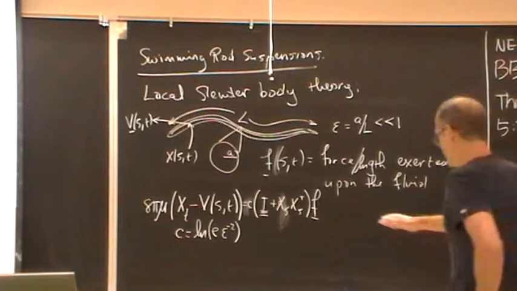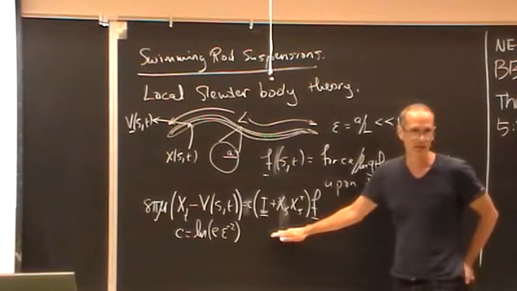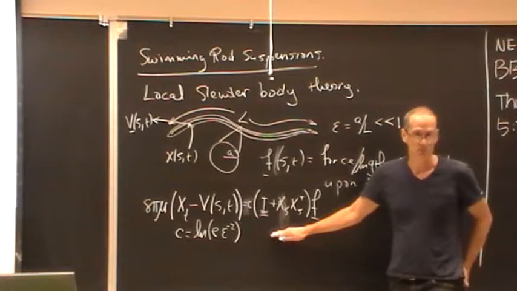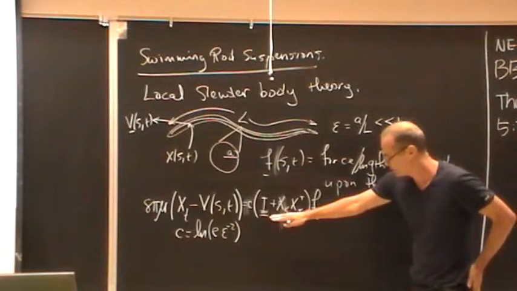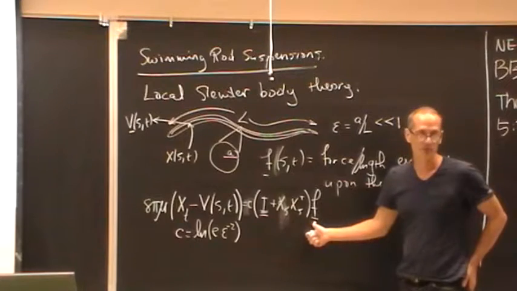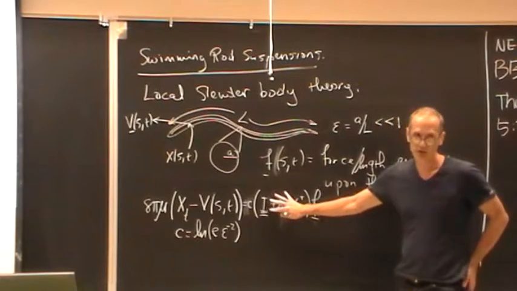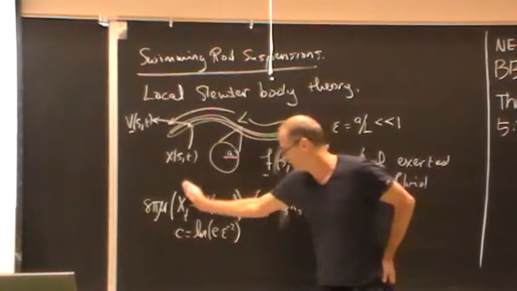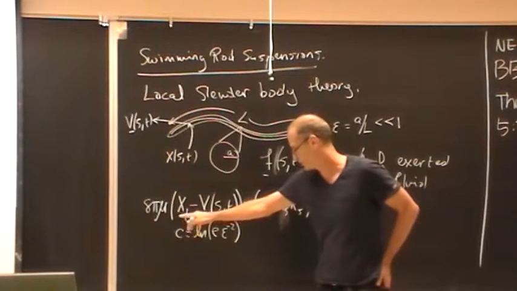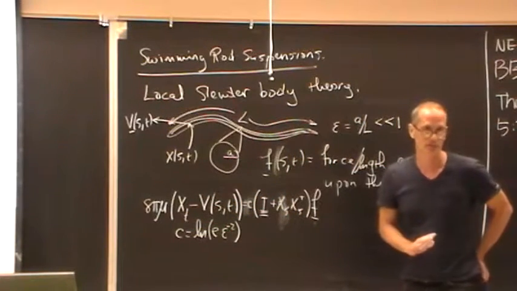Okay? And this is also the basis for the geometric nonlinearity that lets a slender body object be a swimmer under a force-free condition. Because if this were somehow describing a swimmer, and I had this constraint that the integral of f was 0, then if this tensor were not here, and I took an integral of this equation to get the motion of the center of mass, say, in quiescent fluid where V is 0, I would get that the velocity was 0.